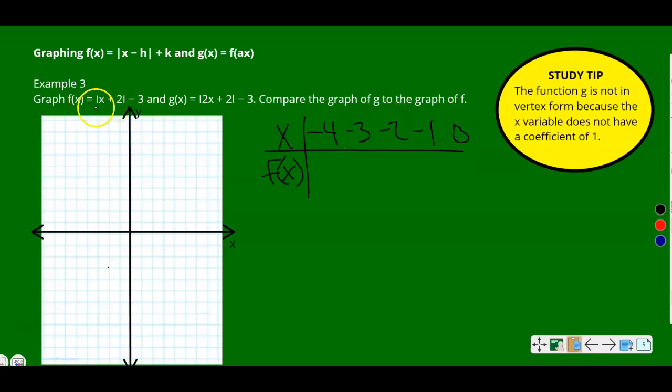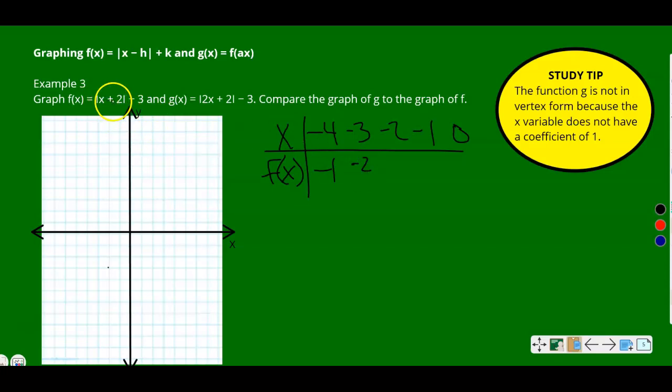All right, so take negative 4, plug it in. Negative 4 plus 2 is negative 2. Absolute value of that is 2. 2 minus 3 is negative 1. Take negative 3 and plug it in. Right now we're looking at just f of x. Negative 3 plus 2 is negative 1. That becomes 1. 1 minus 3 is negative 2.